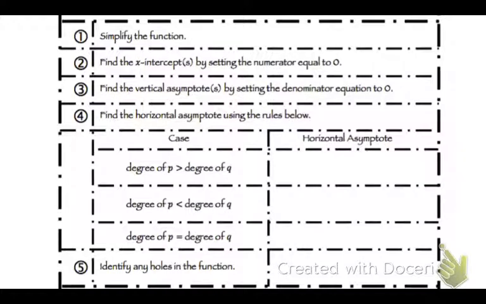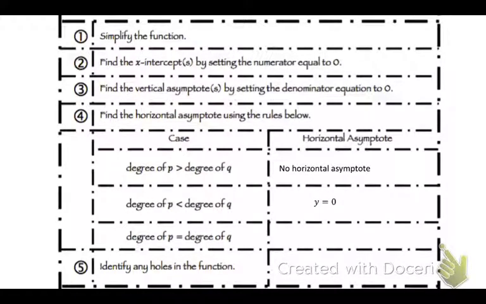So if the degree of p is greater than the degree of q, so if the degree on top is greater than the degree on bottom, there's no horizontal asymptote. Okay? That's going to give you a slant asymptote, which is what we'll get into next time. If the degree of p is less than the degree of q, then the horizontal asymptote is y equals 0.